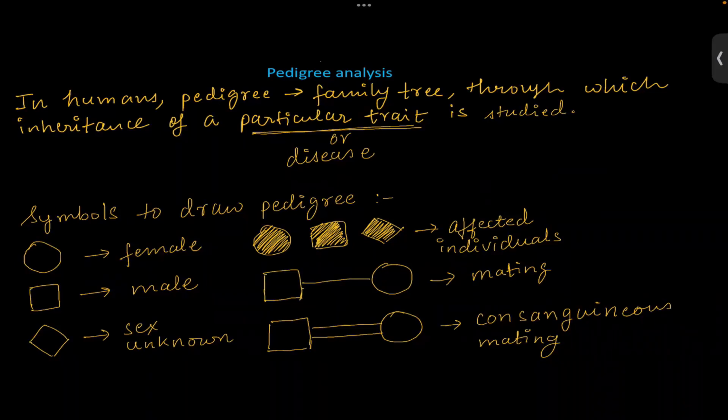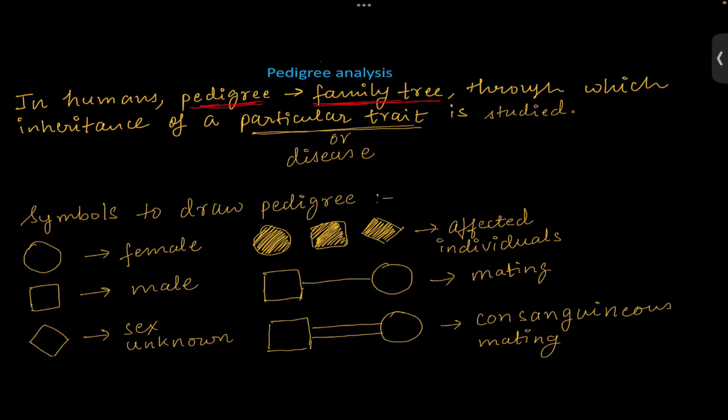So another way of studying the inheritance of characters in humans is through making pedigrees, or family trees, in which we understand how a particular disease or a particular normal phenotype is inherited from one generation to the next generation. This is called pedigree analysis.